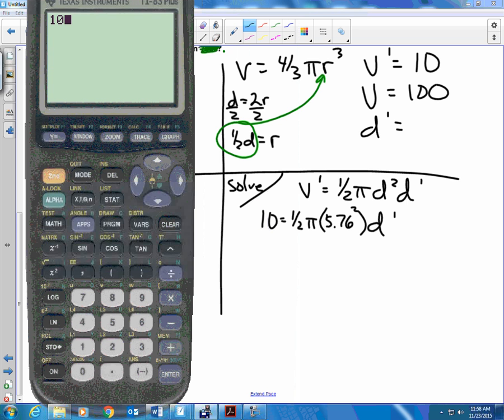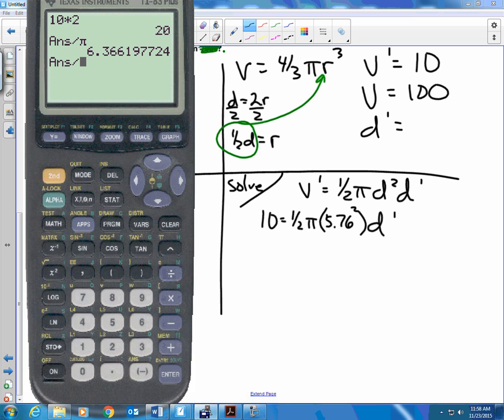So 10 times 2 divided by pi, and then I'm going to divide it by 5.76 squared. I got rid of the 1/2 by multiplying both sides by 2. I divided by pi.